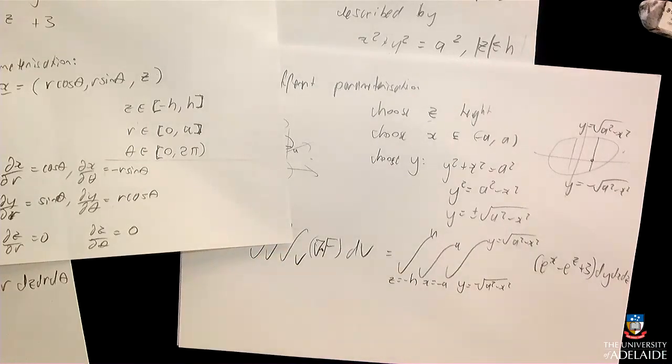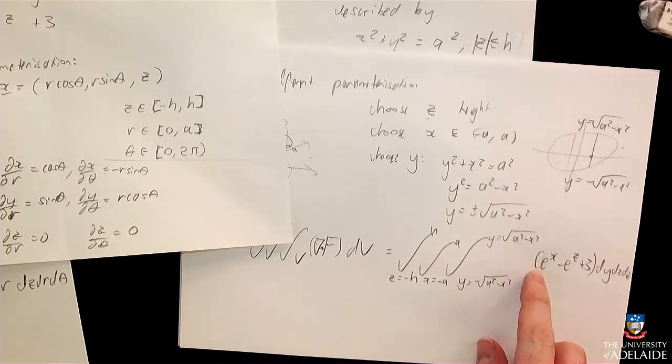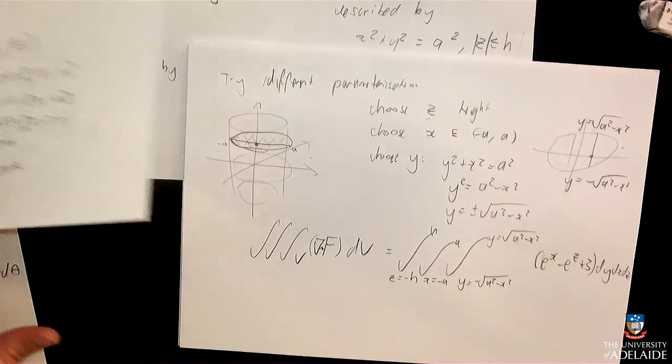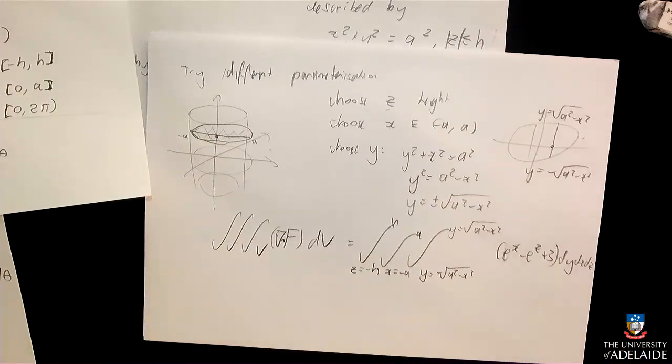Well, now bloody hell, there's going to be root a squared minus x squared in it. No. So this doesn't involve a y at all, right?